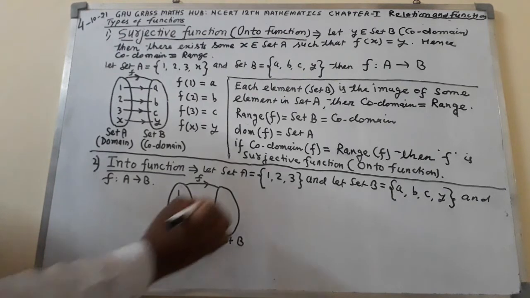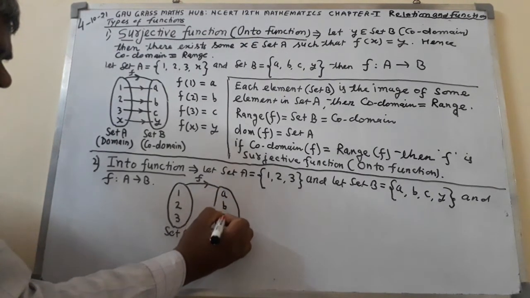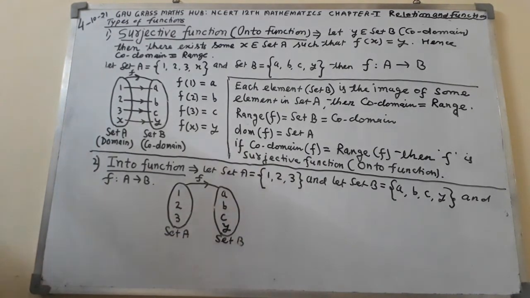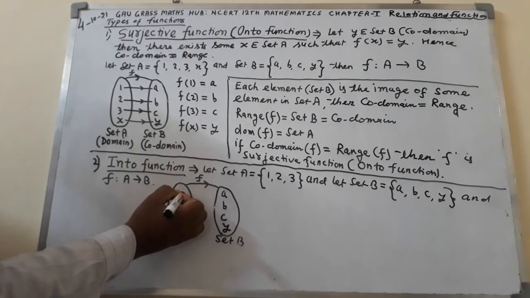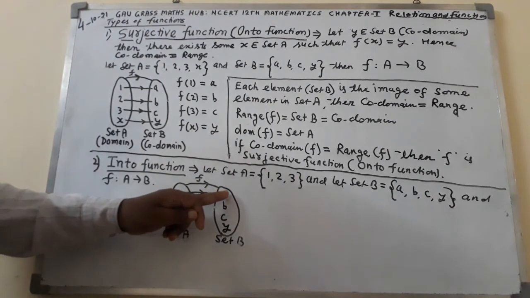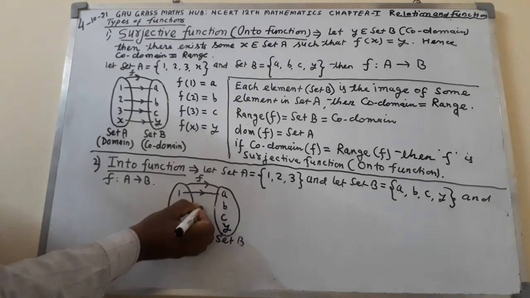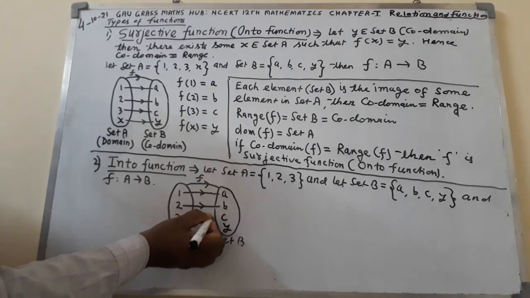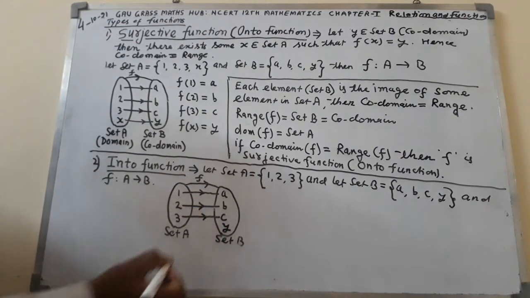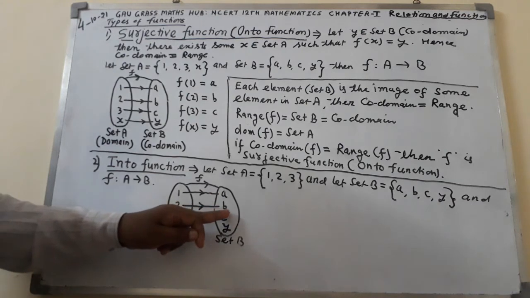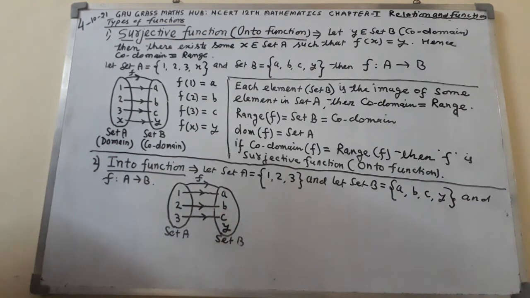Set B has the elements a, b, c, y. 1 is related to a, 2 is related to b, and 3 is related to c.